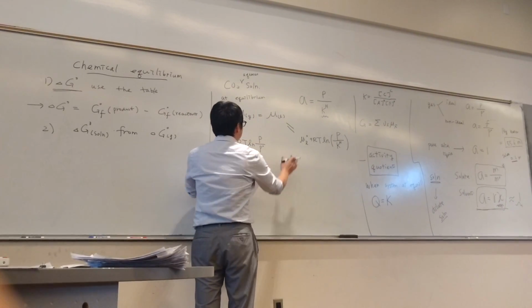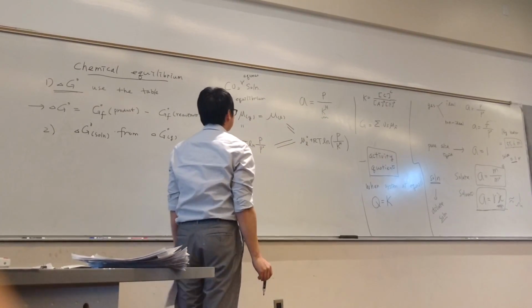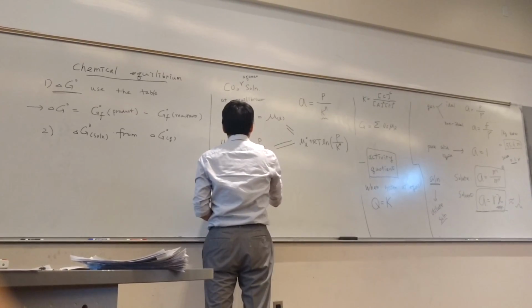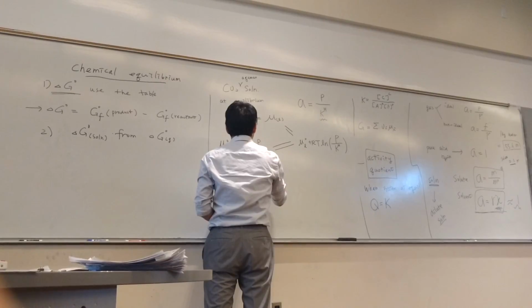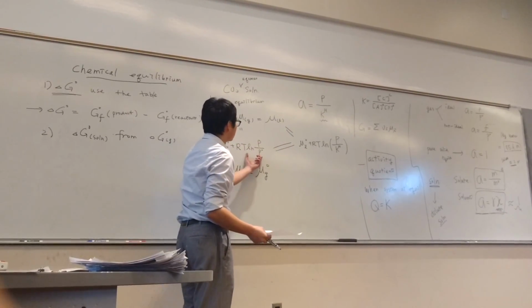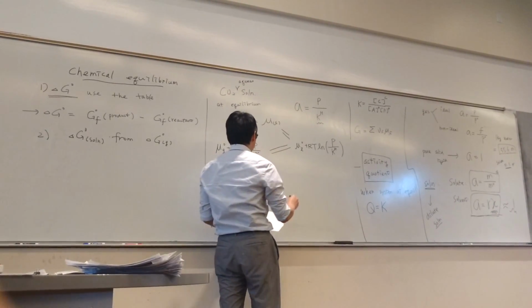Since these two are equal to each other, you know your mu L is going to equal mu G naught. So you move this term over here, you subtract that, so the P and P cancel out.